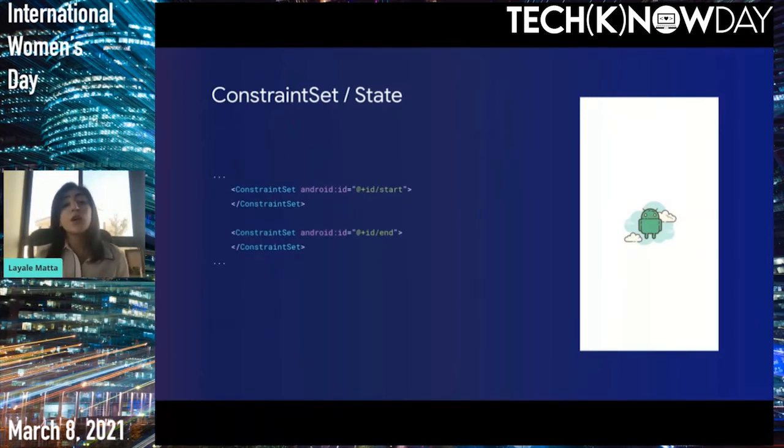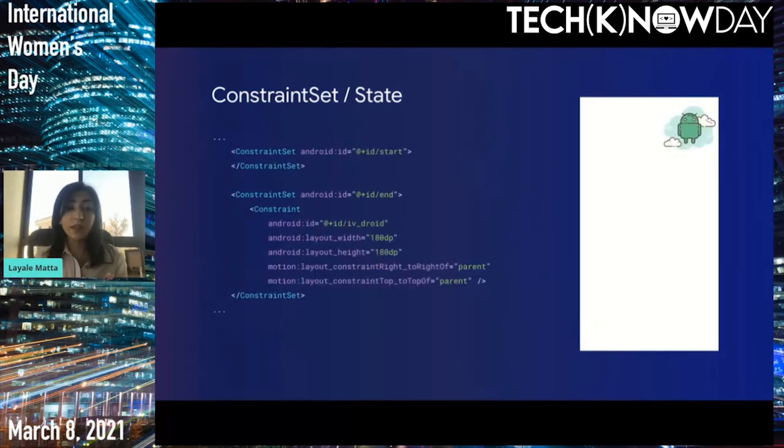Constraint sets represent a static positioning of all the views in a motion layout. So for example, in the constraint set start, we will have positioning information of our views at the start of a certain animation. And in the constraint set end, we will have the final position of these views after this animation.